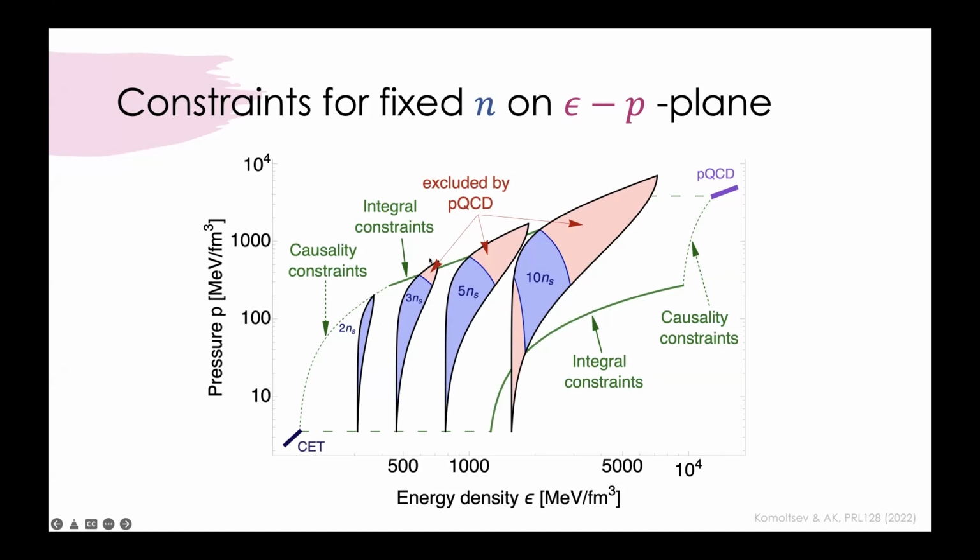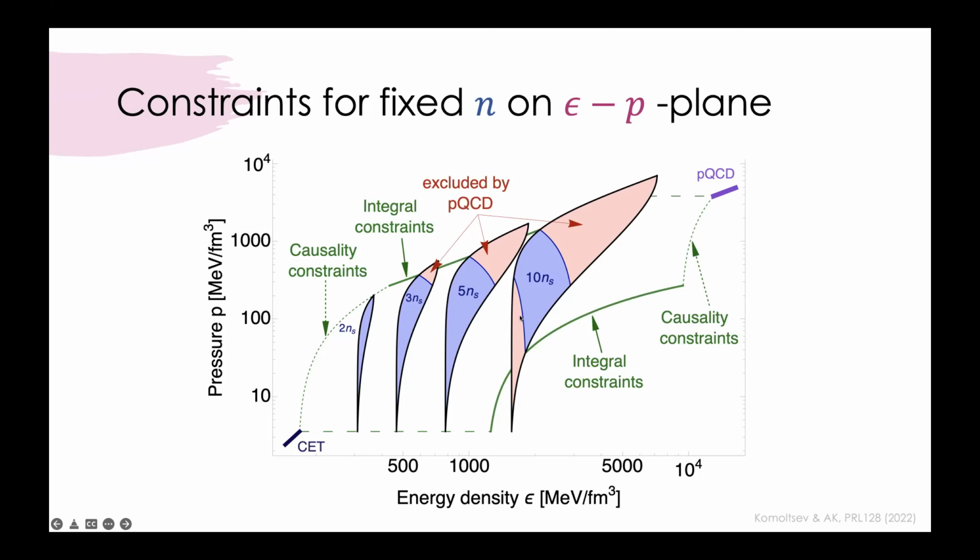But already when you go just to 3 saturation densities, there is a region here which is excluded by QCD. And at 5 saturation densities, this is much larger. And at 10 saturation densities, only a very small portion of the values of epsilon and p that would otherwise be allowed are allowed once the QCD constraint at high densities is imposed.